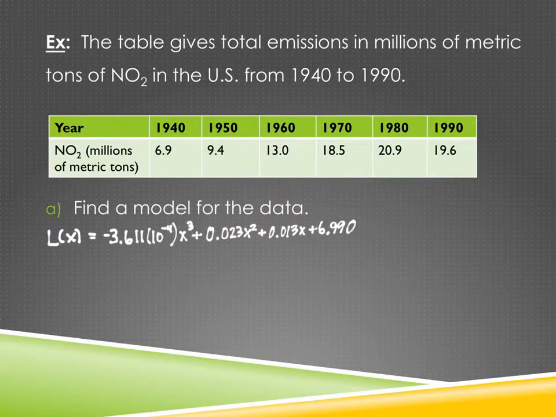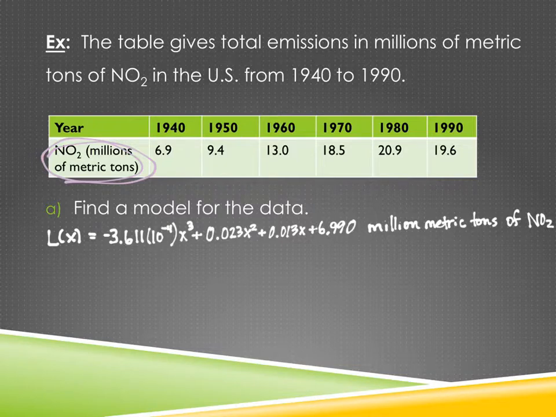Output units. What are the output units on this problem? Yes, it's actually the millions of metric tons, and you can say of nitrogen dioxide. You can write it if you really like, just like they've written it here. That's fine. It's not going to hurt anything. It's the units that say the million metric tons that are the most important part of that. Million metric tons of nitrogen dioxide.